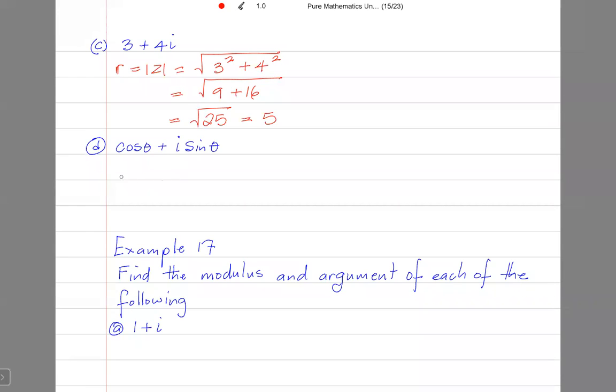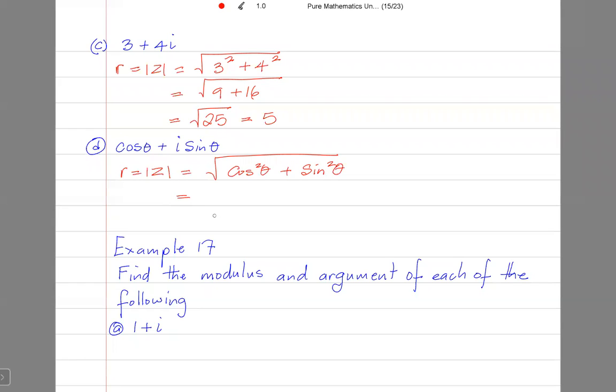Here, the modulus of z is equal to the square root of the real part squared, which is cos squared theta, plus the imaginary part squared, so that is sine squared theta.